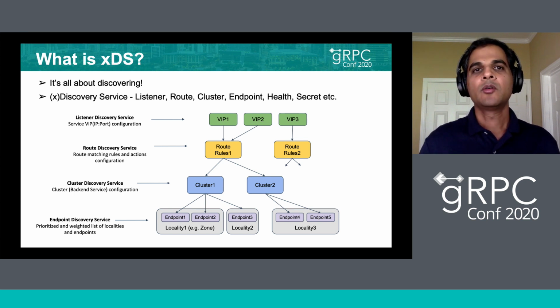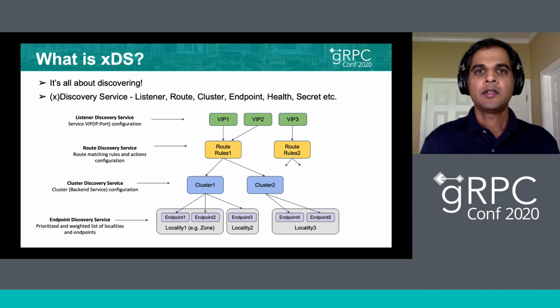So once the proxy knows which cluster the request needs to be sent to, it then uses the cluster discovery service to get cluster information, like what are the load balancing policies and what are the security policies, if any, right?